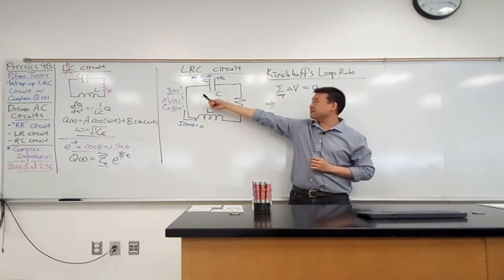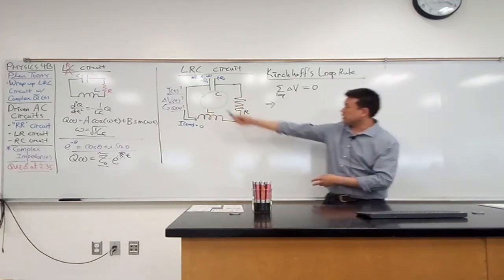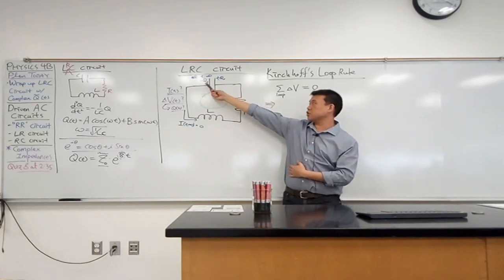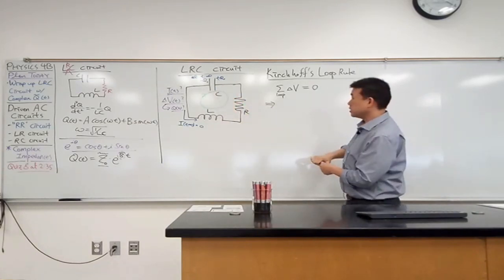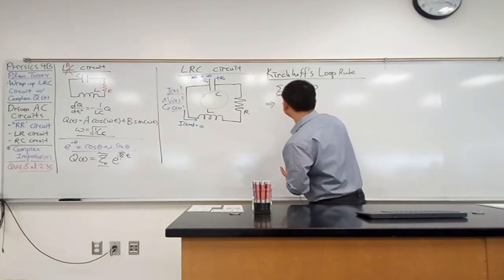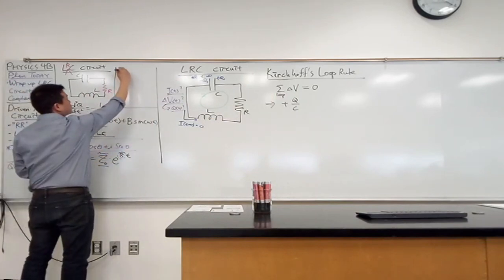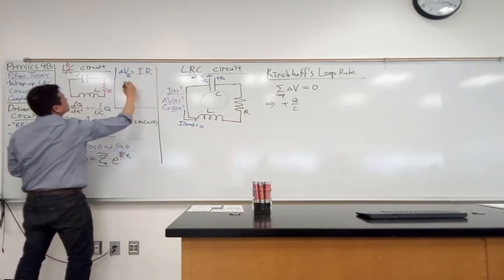So I start from here. I mark that point with the arrow so that I know where I'm starting. Starting from here, as I go across the capacitor, from the negatively charged plate to the positively charged plate, I'll gain some voltage. And the amount of voltage I gain is Q over C, because I have these relationships memorized. The voltage change across a resistor is current times resistance.